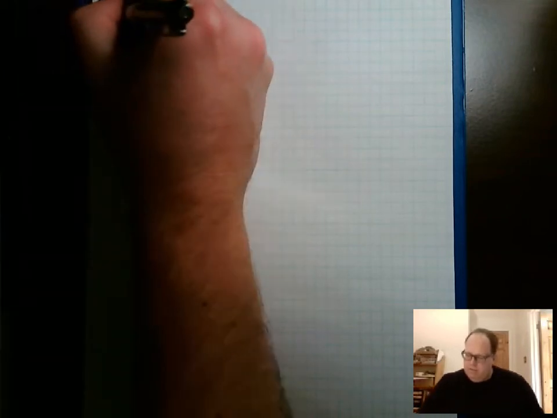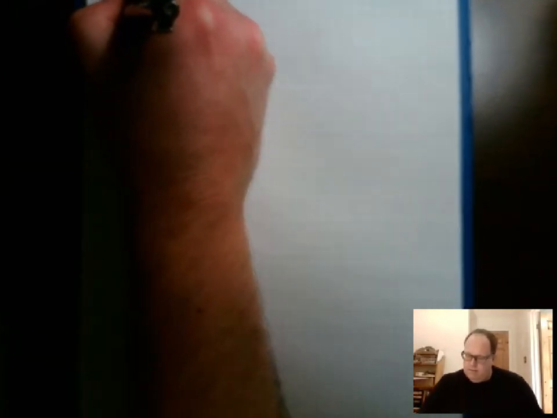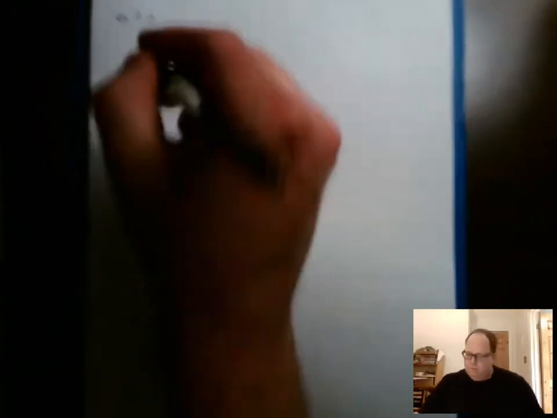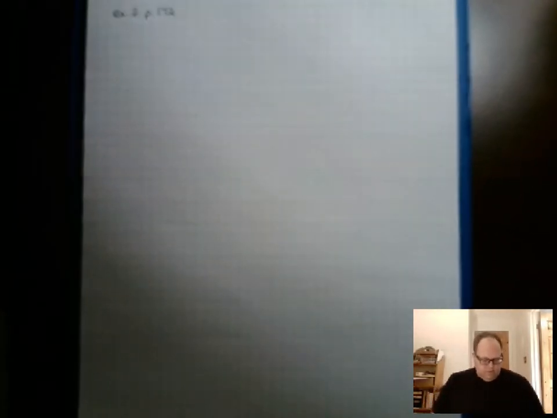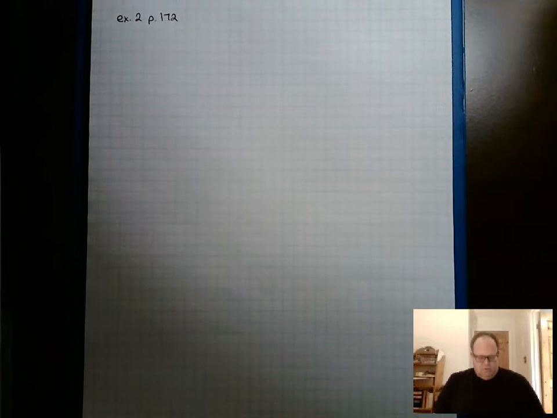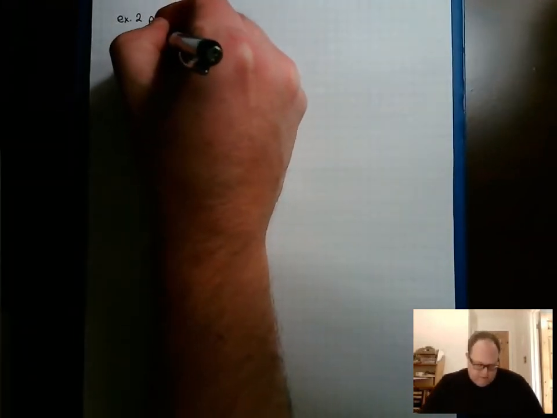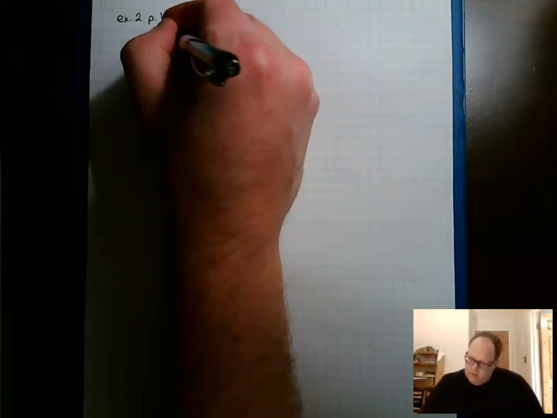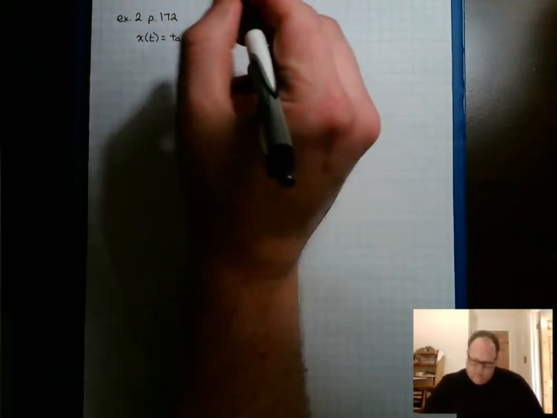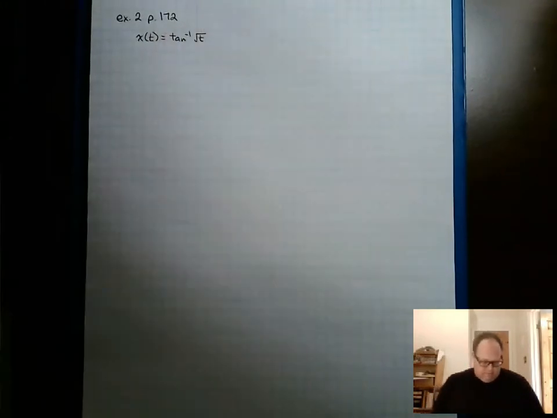So, I'll also take a look at example 2, which ties things back to a little bit of physics. This is example 2 on page 172, where we are told a particle is moving along the x-axis, so its position at any time t greater than or equal to 0 is given by the function x of t is equal to inverse tangent of root t.